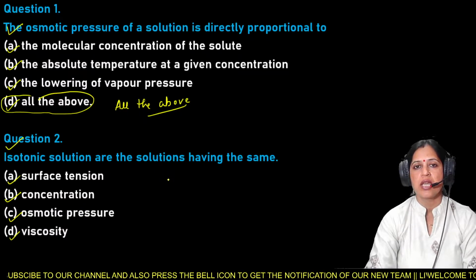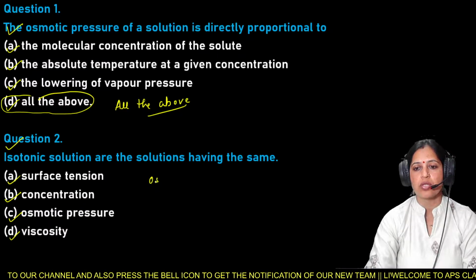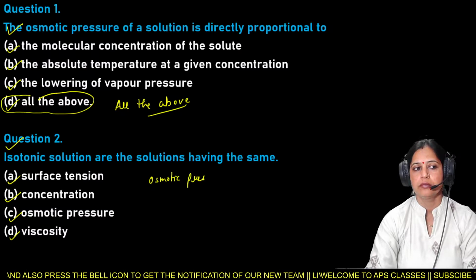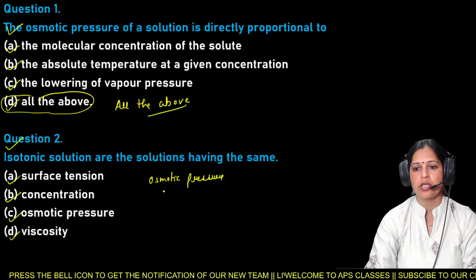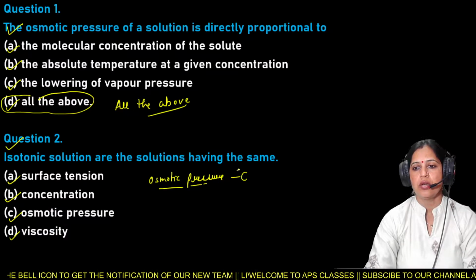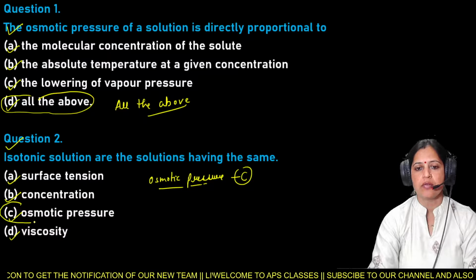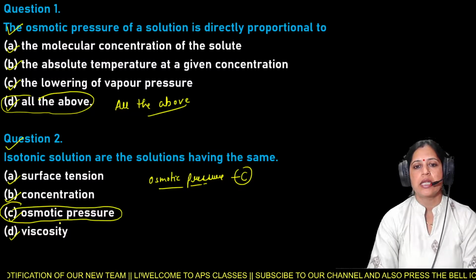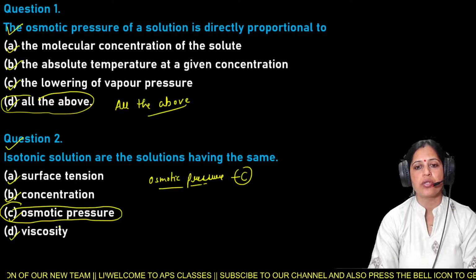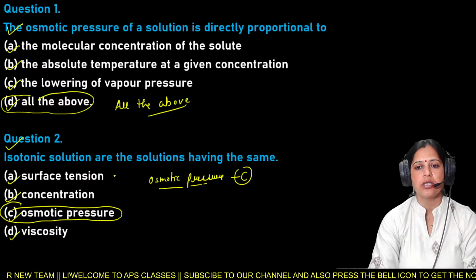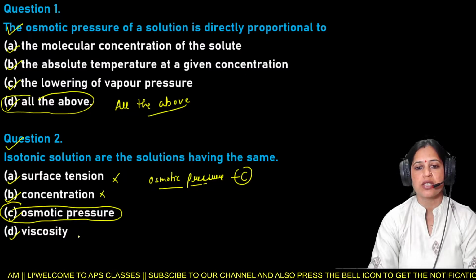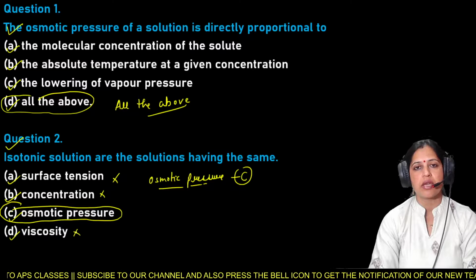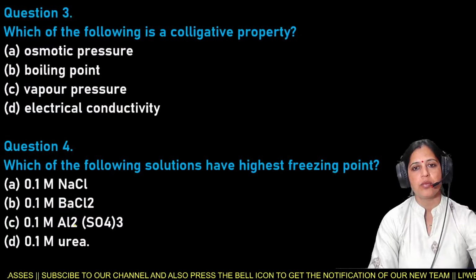Isotonic solutions are the solutions having the same osmotic pressure. So option C is the right answer for question number 2, that is, isotonic solutions have the same osmotic pressure, not surface tension, not concentration, and not viscosity.